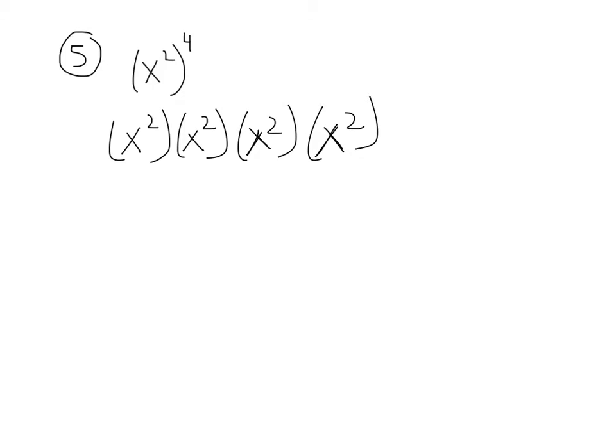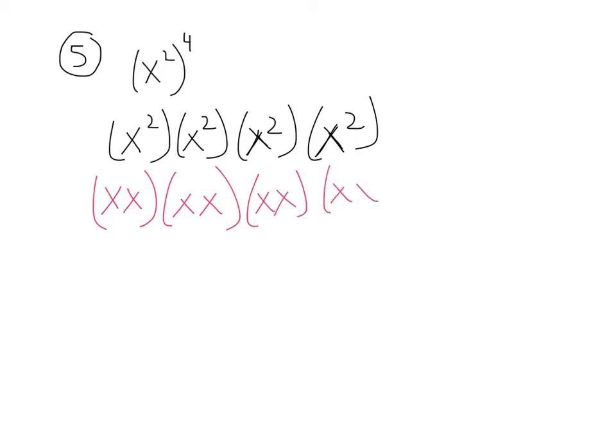What does each of these individual pieces mean? X squared means x times x, and then I have another x times x, another x times x, and another x times x. How many factors of x do I have? That's 8 factors of x. This is x to the 8th.